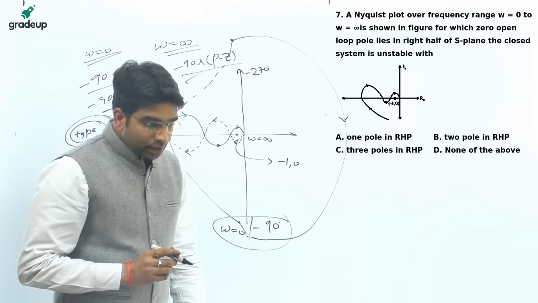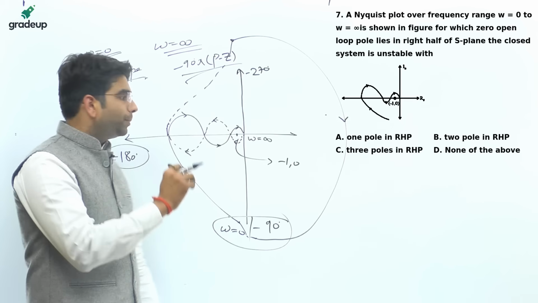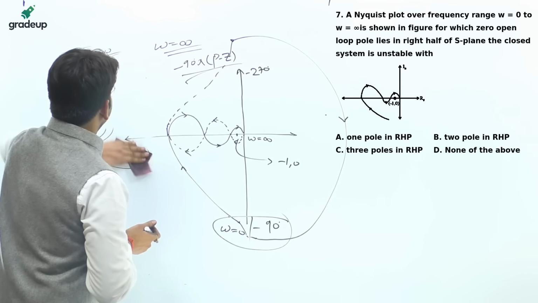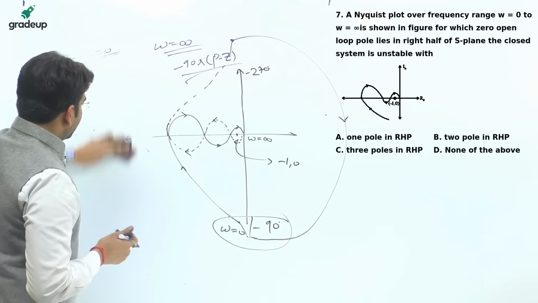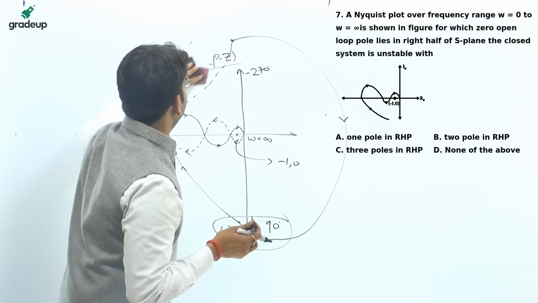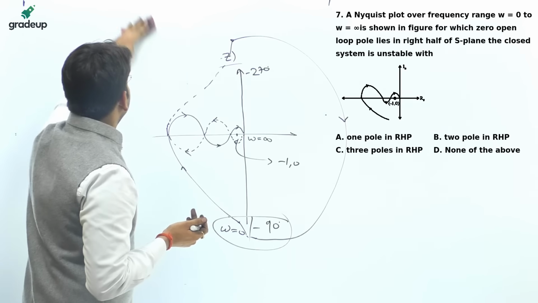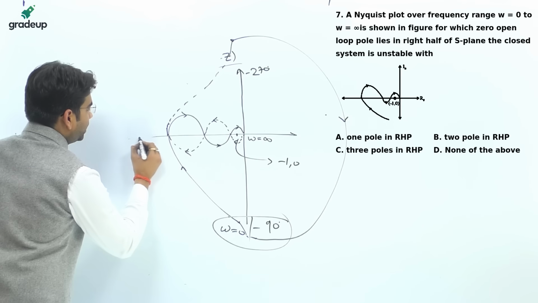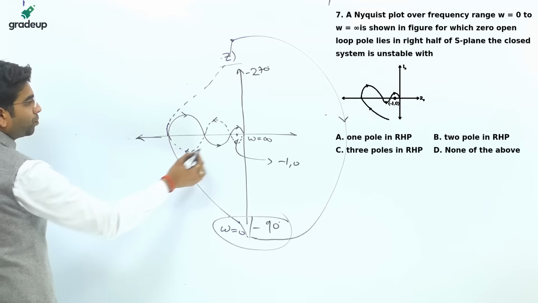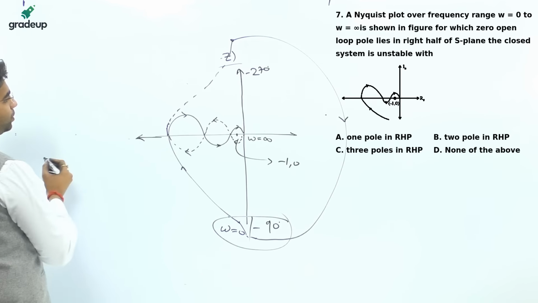For the instability point of view, I will try to clean this. Stick to this question. I will completely cover all the concepts from Nyquist. If it comes, then very easily you can manage all the questions from this area. So it will be minus 1 comma 0.